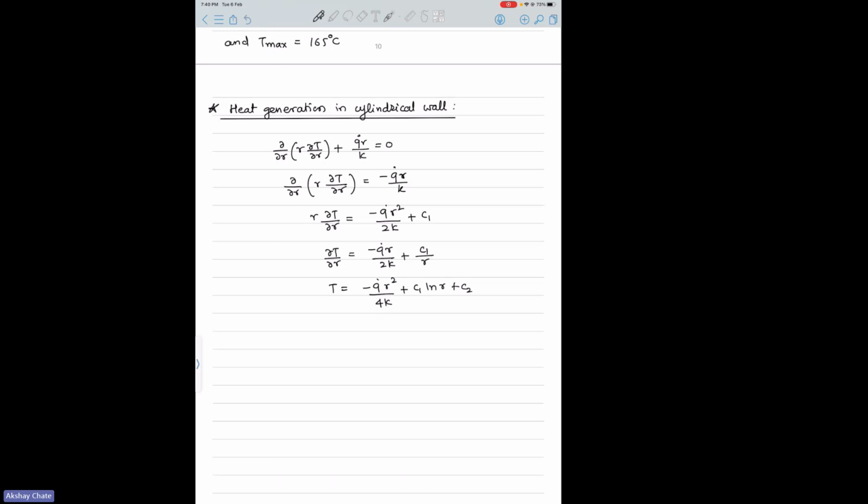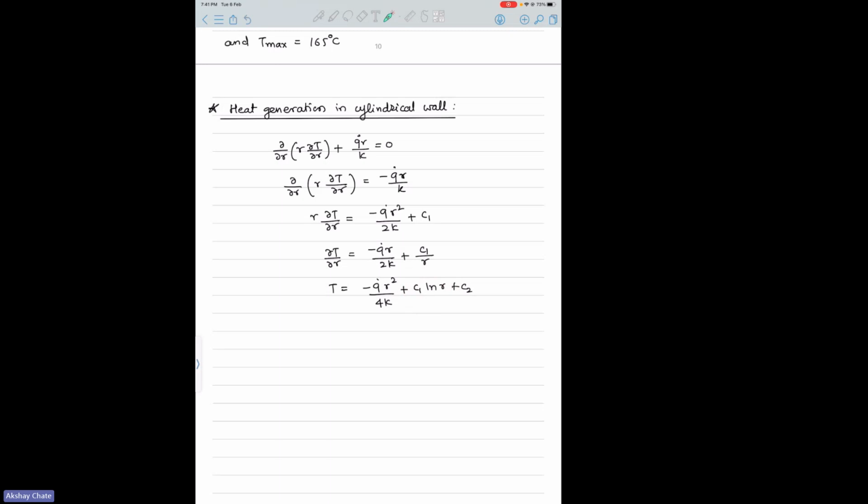But in that case, what happens? There is no R1. So R1 is 0. So in this equation, you cannot put R equal to 0 because then the logarithm of 0 is not defined. So in that case, you have to make this C1 ln term 0 by putting C1 as 0.